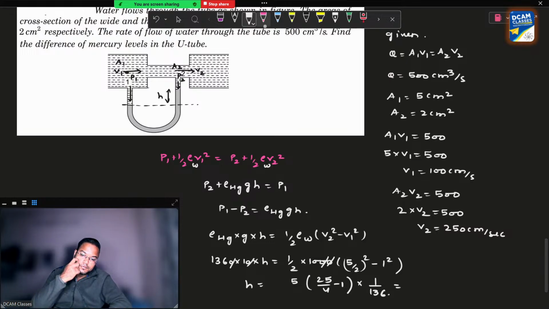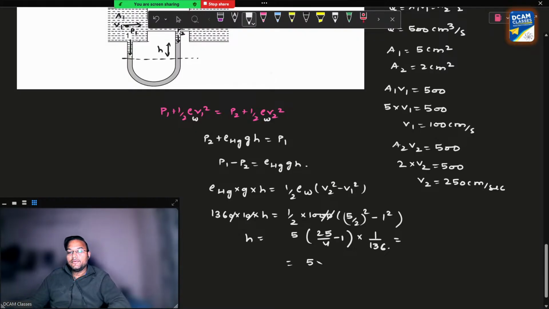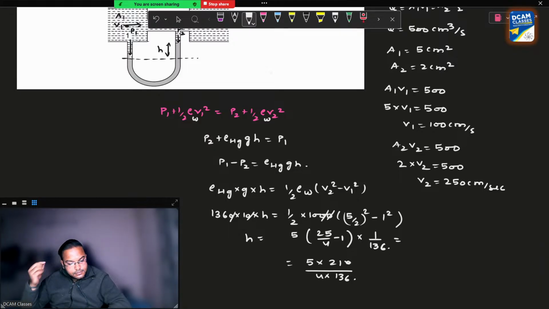This one. So 5 into 21 by 4 into 136. This will be 1.97 centimeter.